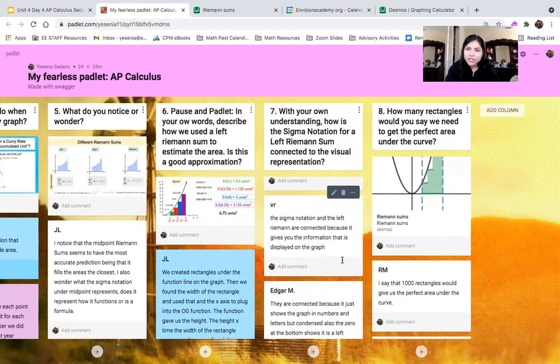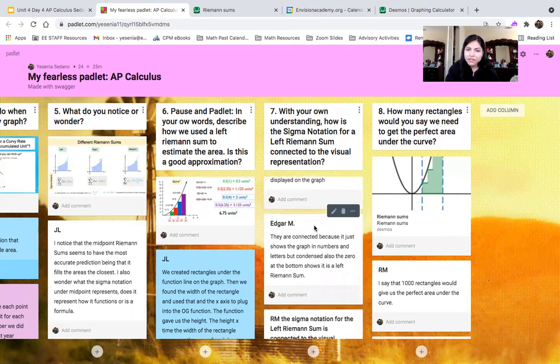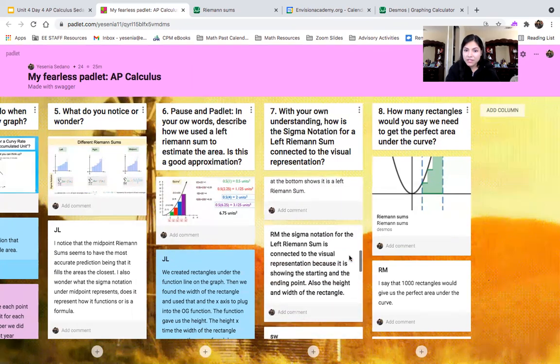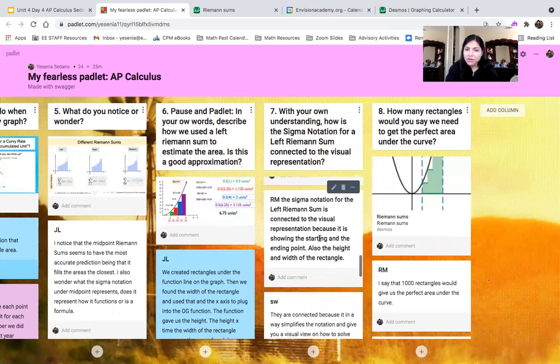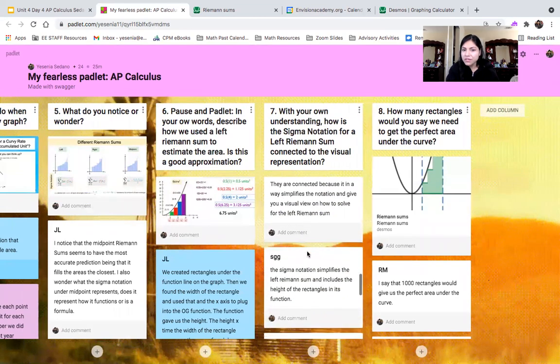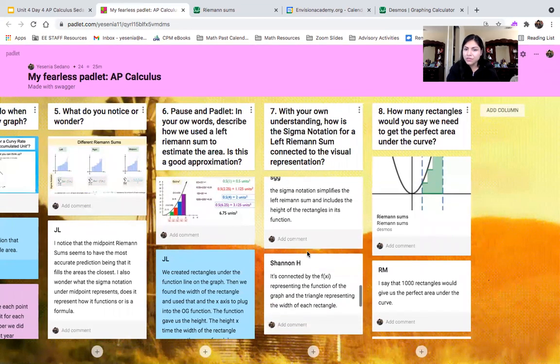A lot of you mentioned it's just basically representing what's visually shown in the graph. It says there it's the same, but it's just condensed. And a lot of you are pointing out that 0 at the bottom is showing that it's a left Riemann sum, that's deep. We got the starting and ending point, height and width is represented in the sum, and so forth. So as you can see there, we're having some connections, which is amazing.